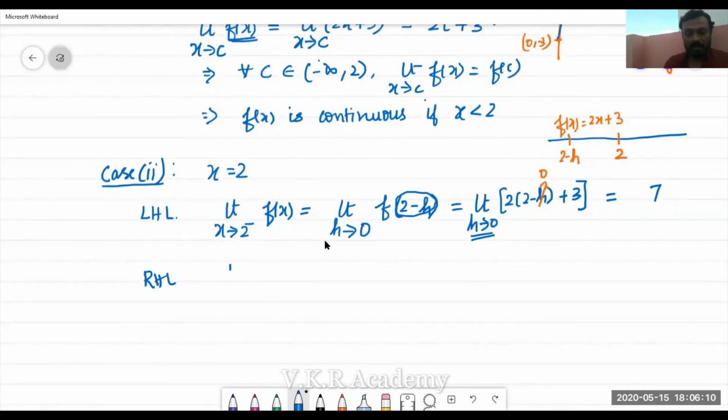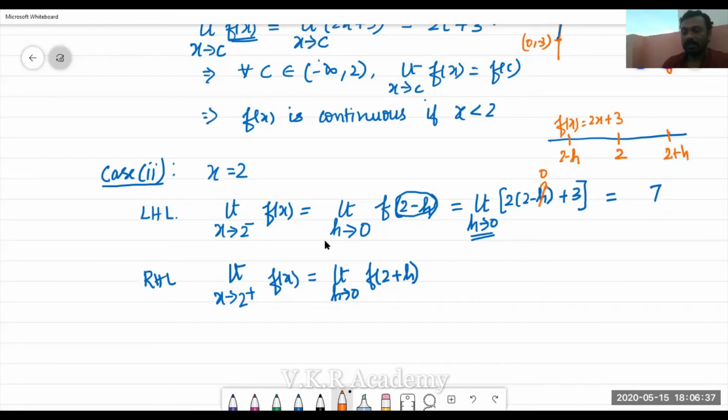Limit x tends to 2 plus f of x is equal to limit h tends to 0 f of 2 plus h. 2 plus h will lie to the right of 2. So 2 plus h will lie here.